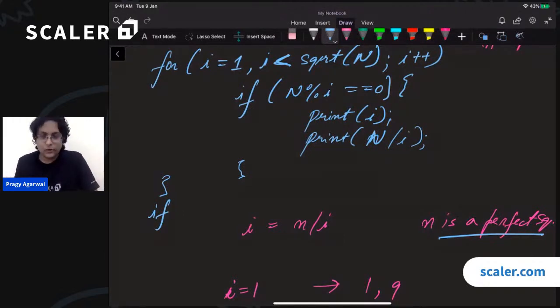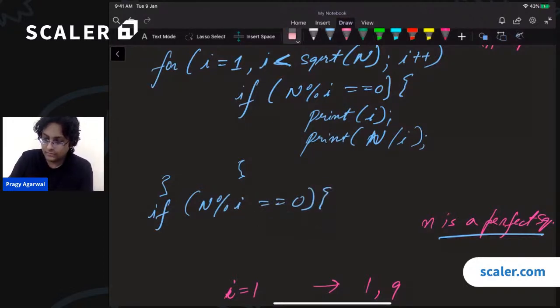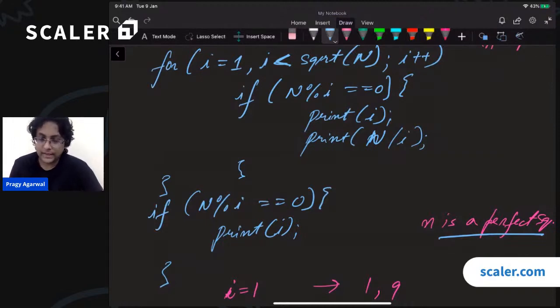After this loop, what will be the value of i? It will be exactly square root of n, if it exists. So we will say if n mod i equals 0, then print it just once, because it is a square root. So just print i. Notice that we are not printing the pair over here. Is that clear? Cool. So this will give us the correct answer.